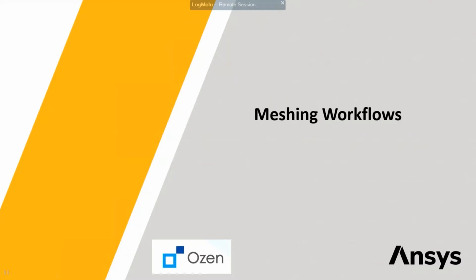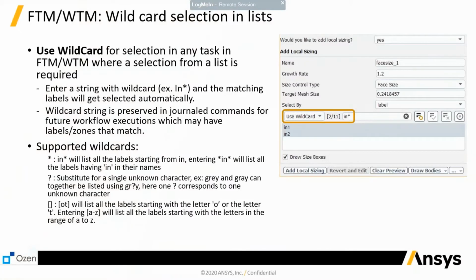Recently, we have been trying to automate the process using journals. So there have been a lot of efforts on the meshing workflow. One of the things is using wildcards. As you see, when you use wildcards, you can use asterisks. For example, if you want any region that has the part IN in it, you can say IN with an asterisk before or after, and based on that you'll be able to search through.